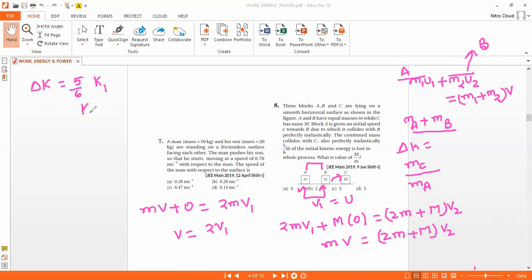So 5 by 6 of K1 is equal to minus of K2 minus K1, since it is lost, that's why I kept it as minus of K2 minus K1.